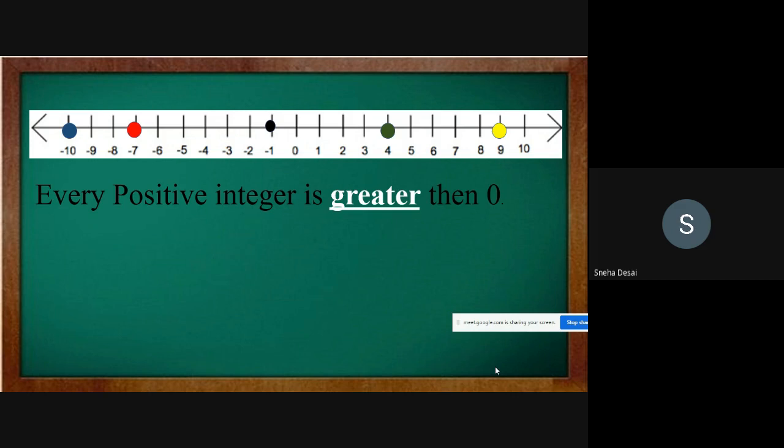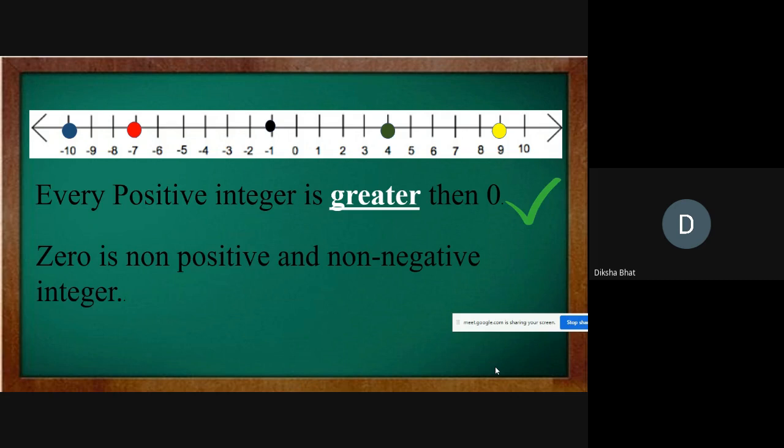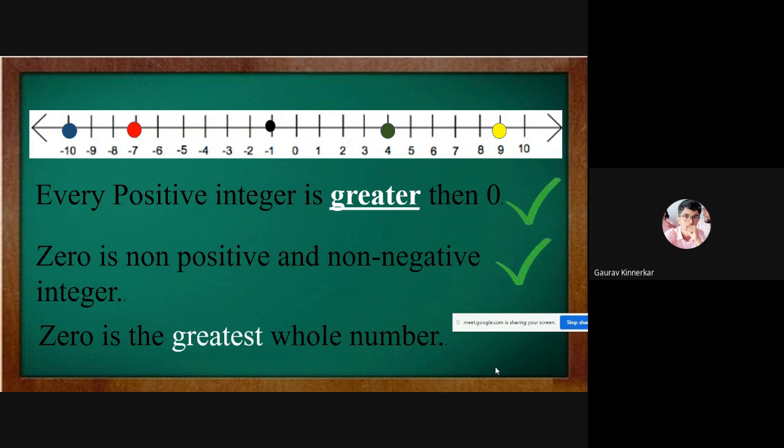Correct. Yes, correct. 0 is a non-positive and non-negative integer. Correct. Yes, very good. 0 is the greatest whole number. Incorrect. Yes, it's an incorrect statement.